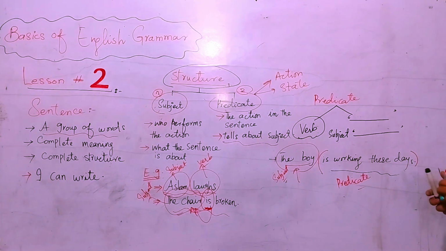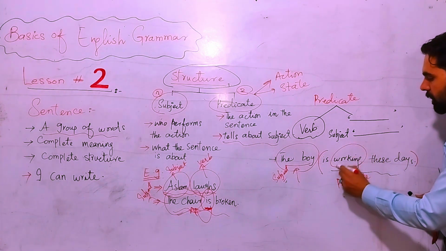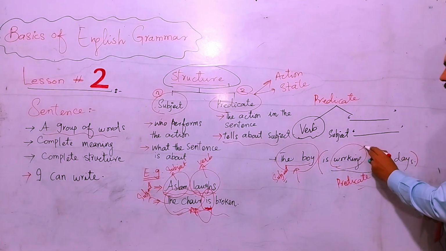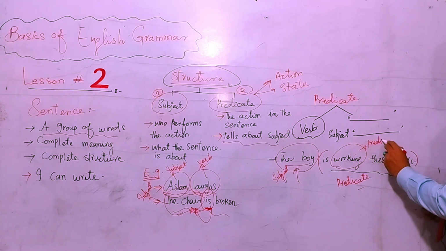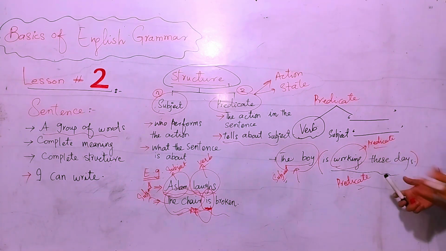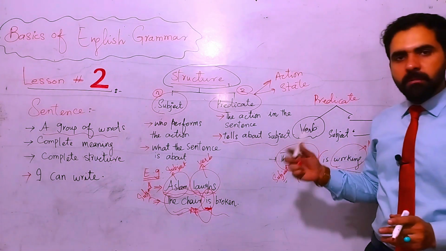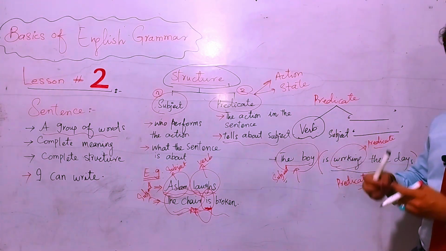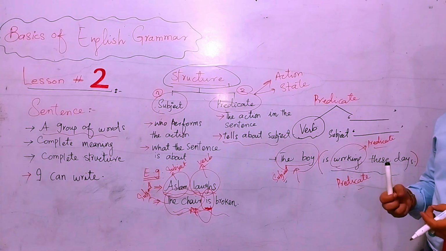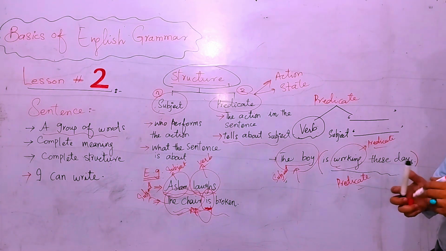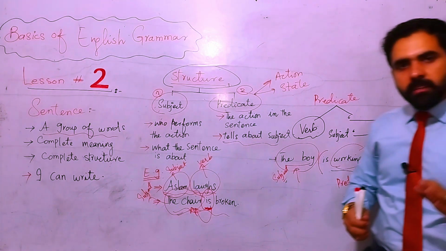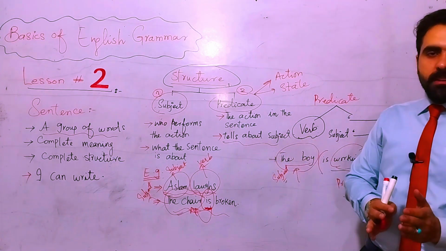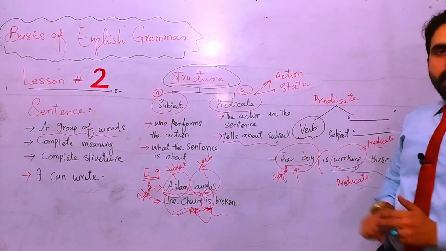Or you can also say the verb working is also called a predicate. So don't get confused when you come across this term. This is basically a grammatical term, and predicate is actually the verb, another name that is given to a verb. Or you can say in a sentence, the whole sentence excluding the subject is called the predicate.